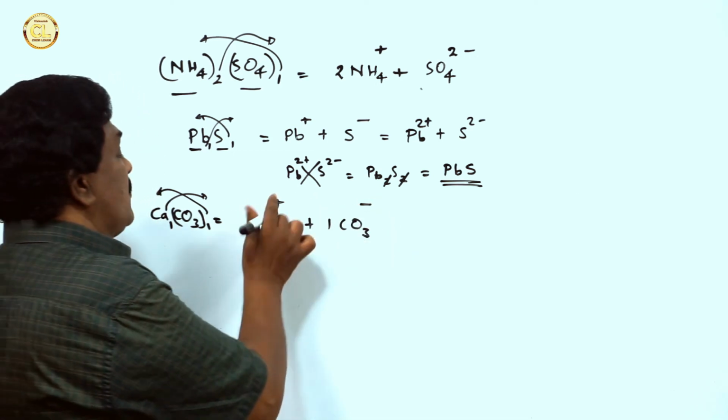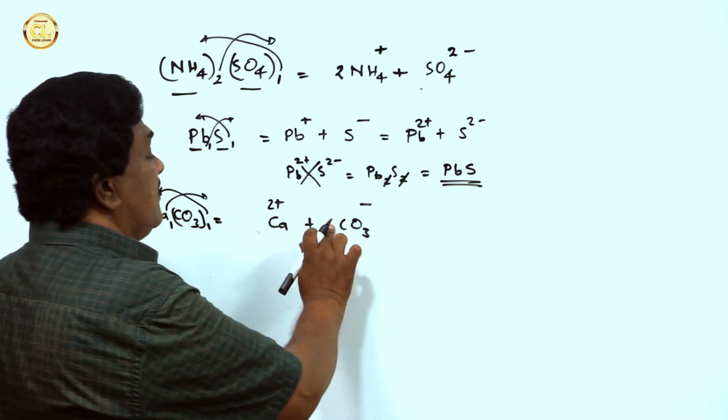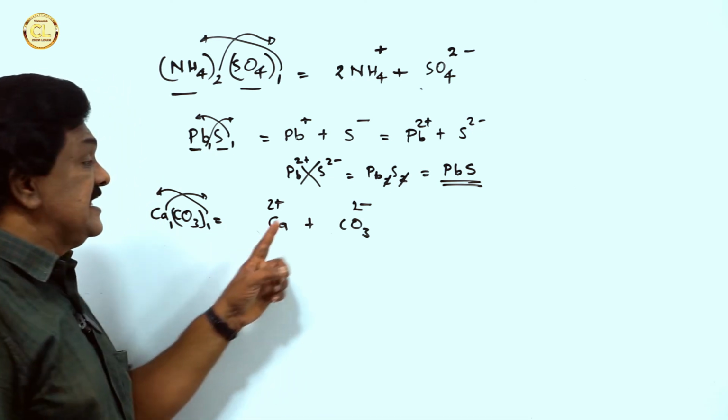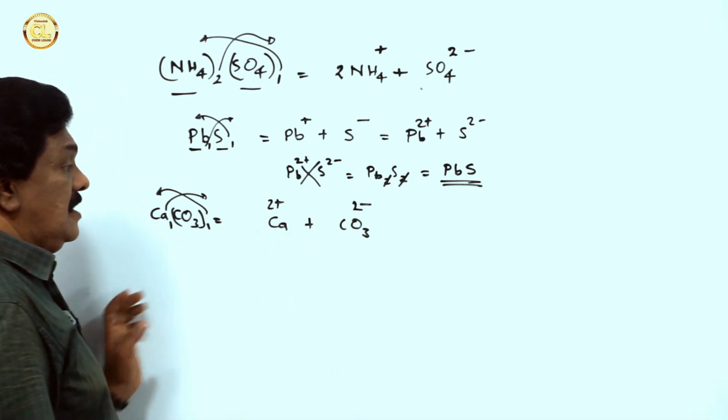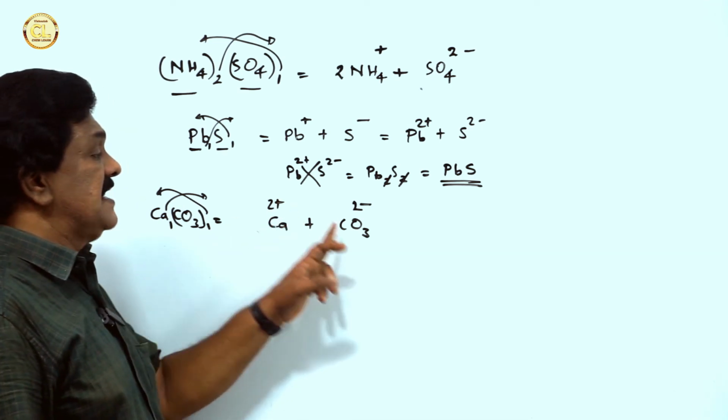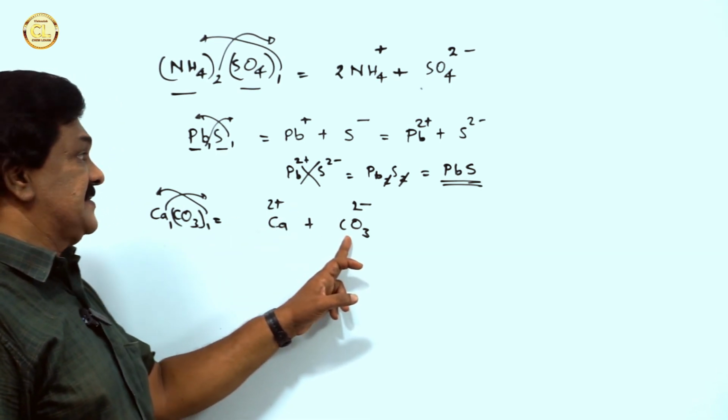But actually, the valency of calcium is 2 plus and the valency of carbonate is 2 minus. So CaCO3 gives Ca2 plus and CO3 2 minus.